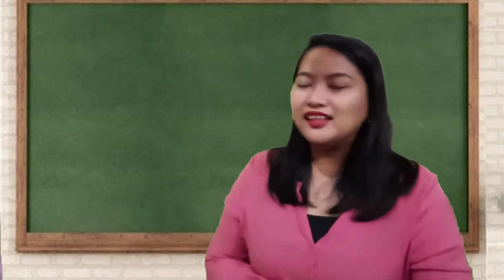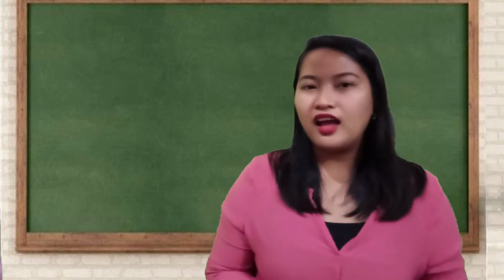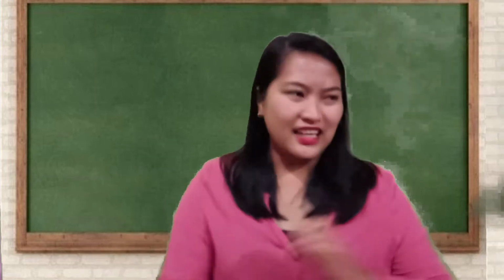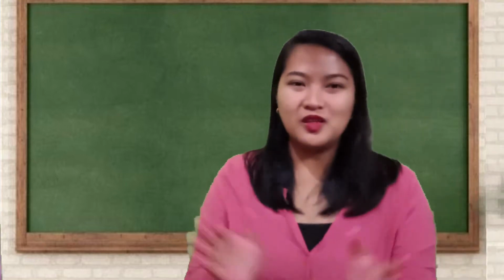So let us give an "ang galing" clap to those who answered our flashcards on the fundamental operations of integers. Everybody. 1, 2, ang galing. Okay, very good. It's nice to know that you still remember our fundamental operations on integers.